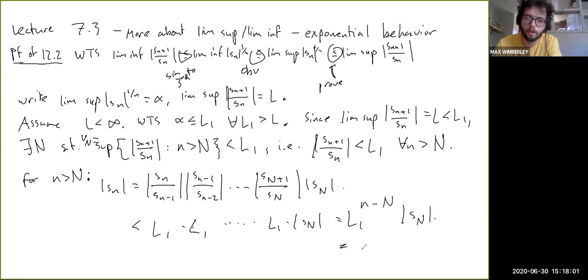So this is equal to L1 to the n times A, where A is L1 to the minus capital N times the absolute value of S N.